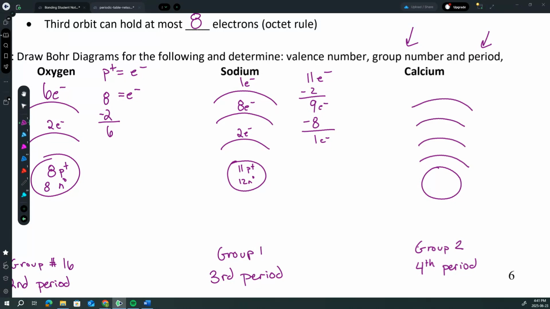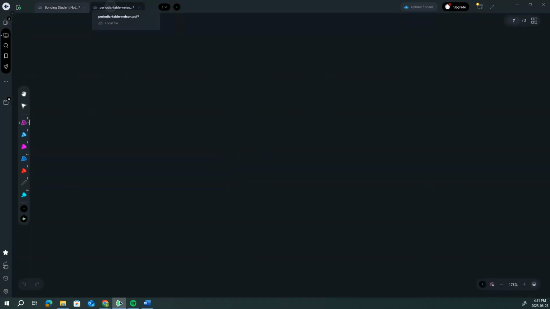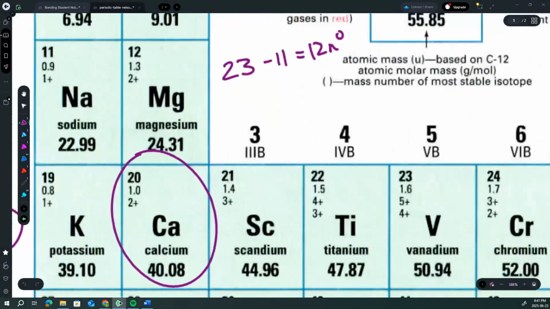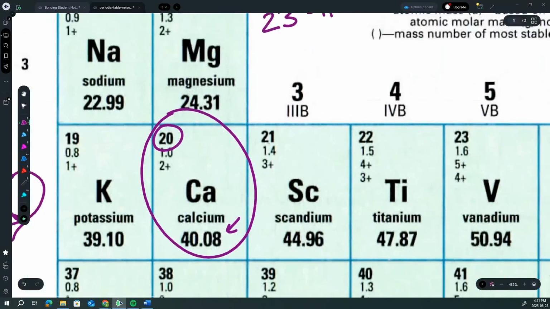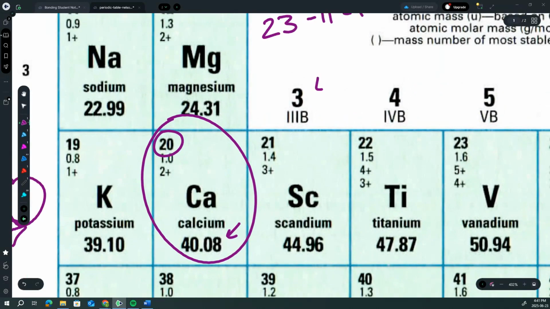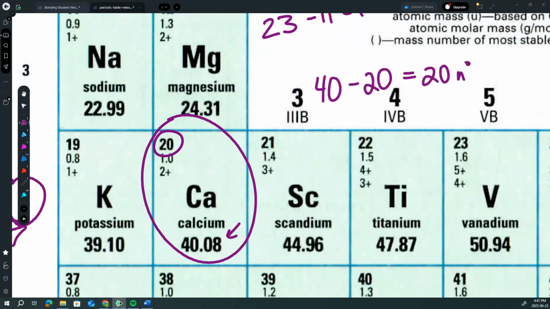Okay. So for the amount of protons and neutrons, let's go back to our periodic table. The atomic number shows us how many protons. And then for the neutrons, I'm going to round the atomic mass to the nearest whole number. So 40 minus the amount of protons, 20. That's going to give us 20 neutrons.